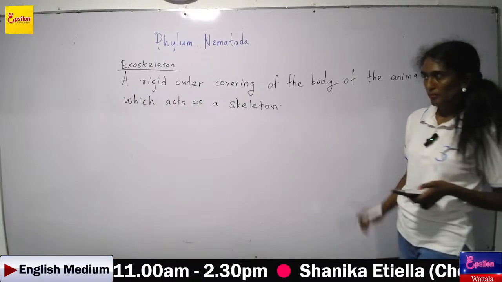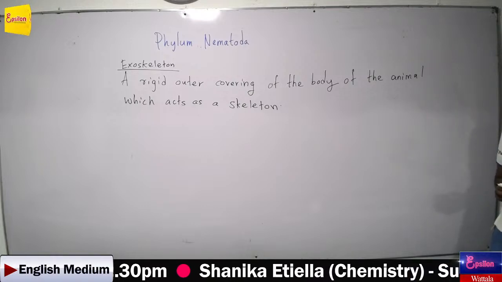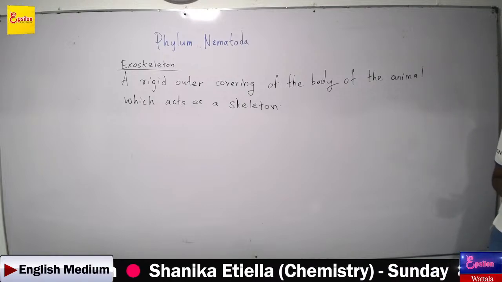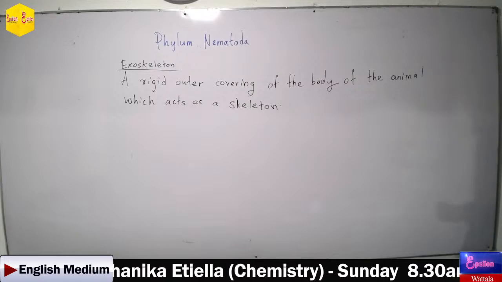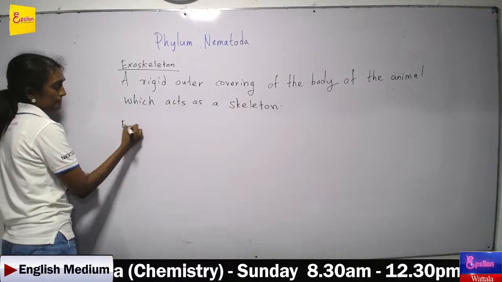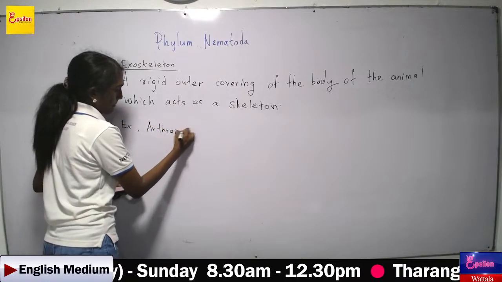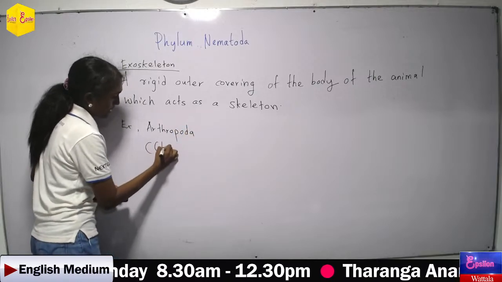What are the animal phyla now? Tell me. Arthropoda: composition is chitin.